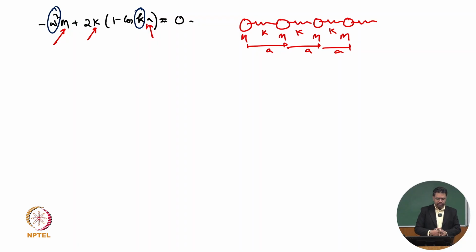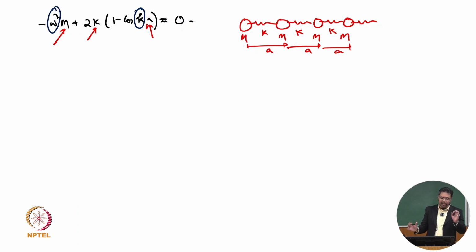But I have to rewrite that equation a little further because we don't know which one we know and which one we don't. We get an expression that is omega square into m plus 2k into 1 minus cos kappa a equal to 0.